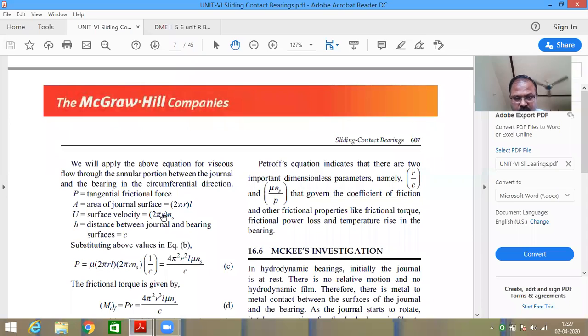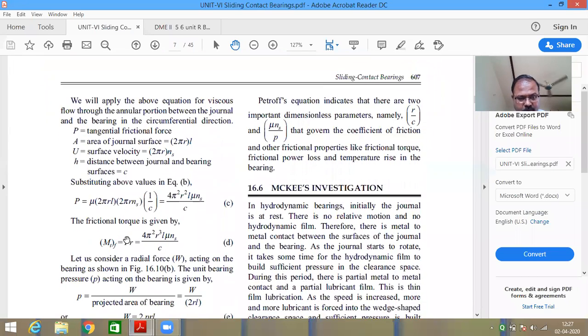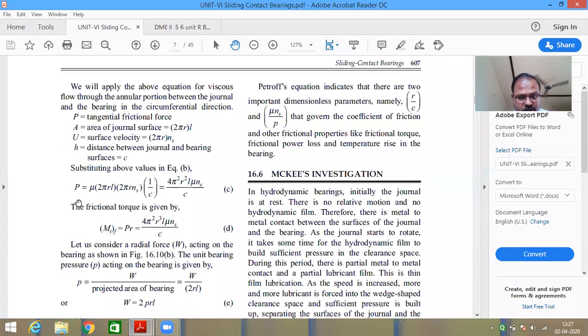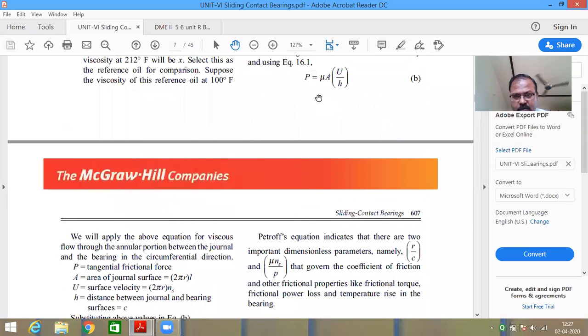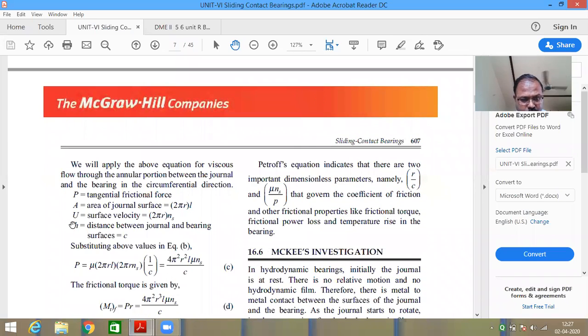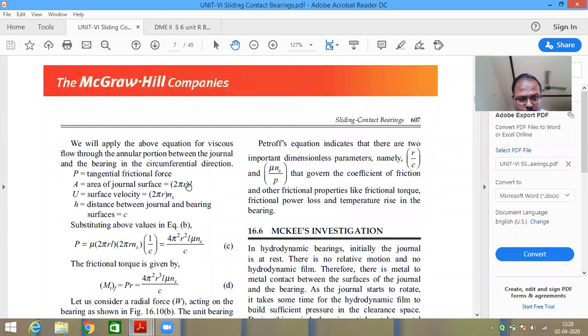U is the surface velocity, already seen as 2 pi r ns, and h is the distance between journal and bearing, denoted by c, the clearance. So from Newton's law of viscosity, P equals mu A U upon H. Mu, A is 2 pi r L, then U is 2 pi r ns divided by C.